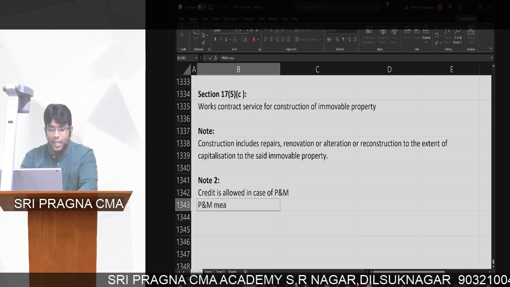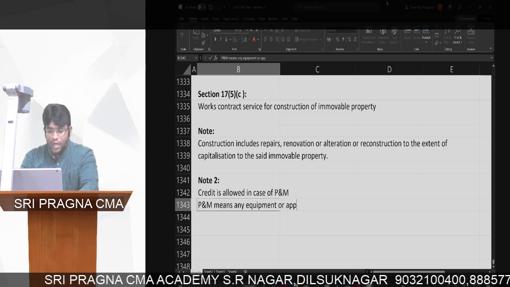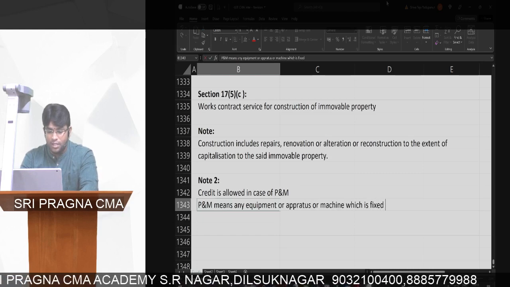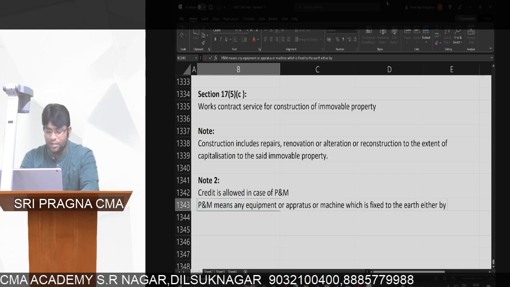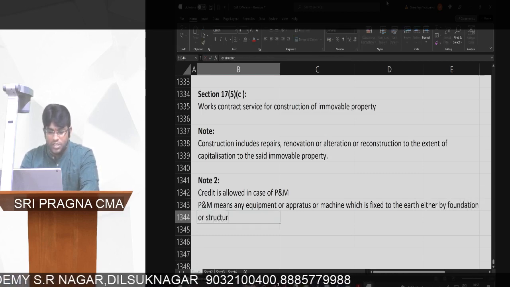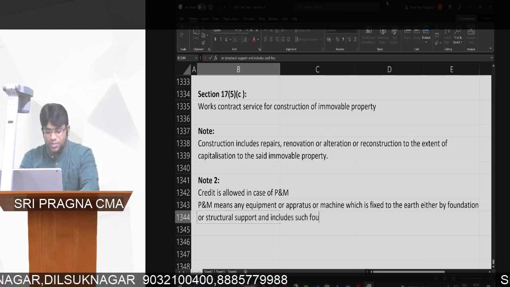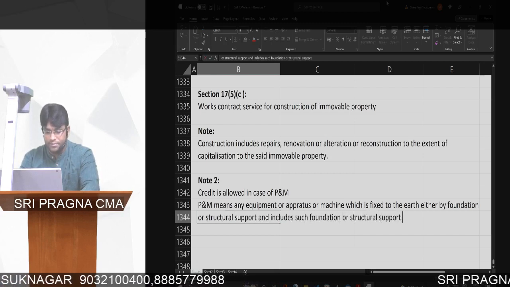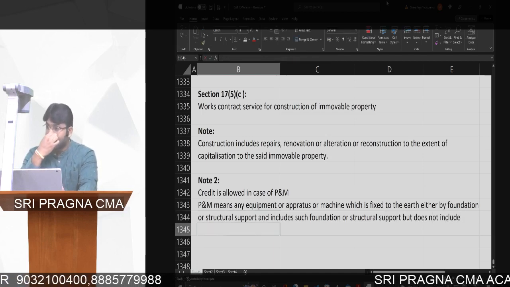Plant and machinery means any equipment or apparatus or machine which is fixed to the earth either by foundation or structural support, and includes such foundation or structural support, but does not include, that means something is not covered in plant and machinery.